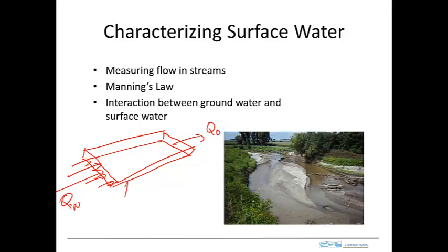And we might also expect there to be some groundwater that flows into this reach. And so we've got some flux of groundwater coming into it, and so the volumetric flow rate that's coming out is going to be equal to the volumetric flow rate that's coming in plus the amount of groundwater flux that has entered over this reach. So we want to be able to measure those things as part of characterizing the stream.